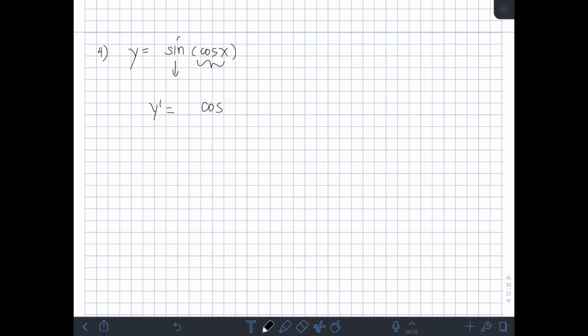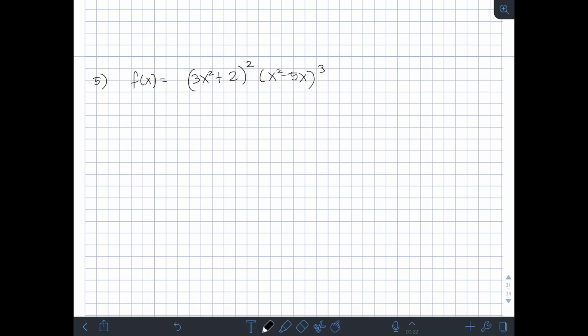Cosine, right? Then, evaluate the angle of the sine at the inside function cos x. Times, what is the derivative of this inside function cos x? Negative sine x. Okay, so therefore, this is the final answer. Negative sine x times cosine of cosine x. Okay?